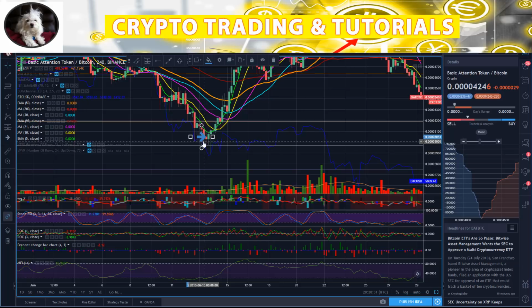Once I got confirmation that this supply and demand zone was going to be controlled by the buyers, that's when I entered this trade. And then I added to my position as it further broke out, and added to my full position as it hit this next supply and demand zone. I did take a chance and say, well, if it does get rejected, I'll get out of this trade if it breaks down from this supply and demand zone.